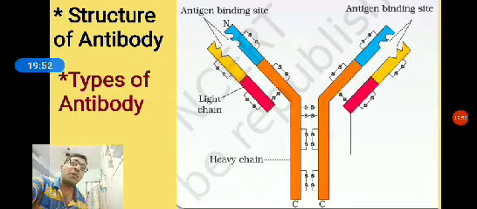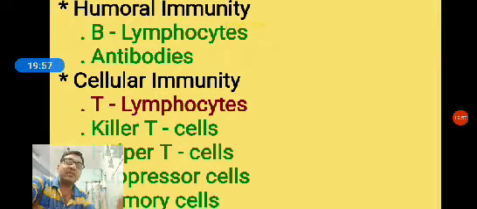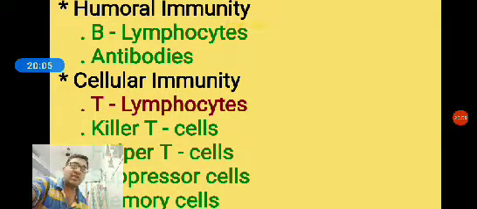The next concept is acquired immunity, carried out by a special type of lymphocyte cells. The lymphocytes play a very important role in acquired immunity.